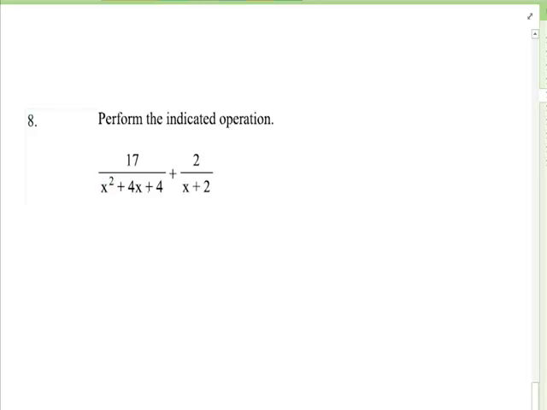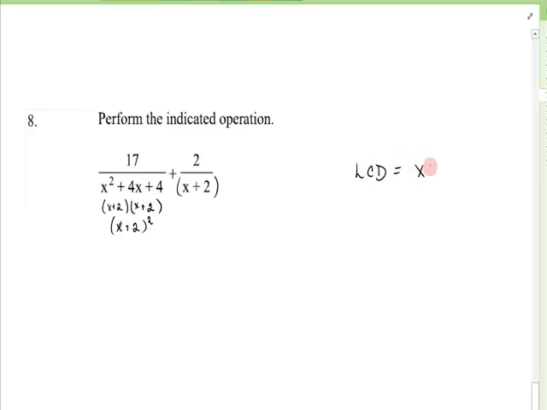All right, the first denominator can be factored. If I factor that, it's x plus 2 times x plus 2. And when I see that, I need to think that is x plus 2 quantity squared. This one is simply an x plus 2. What will my LCD be?